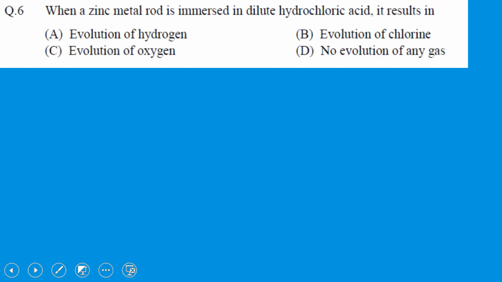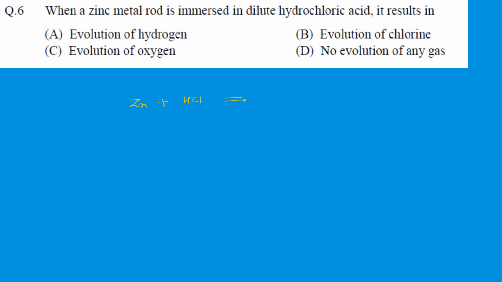Okay, next, when a zinc metal is immersed in dilute hydrochloric acid, it results in. So when a zinc metal is put in dilute hydrochloric acid, it contains HCl, right?